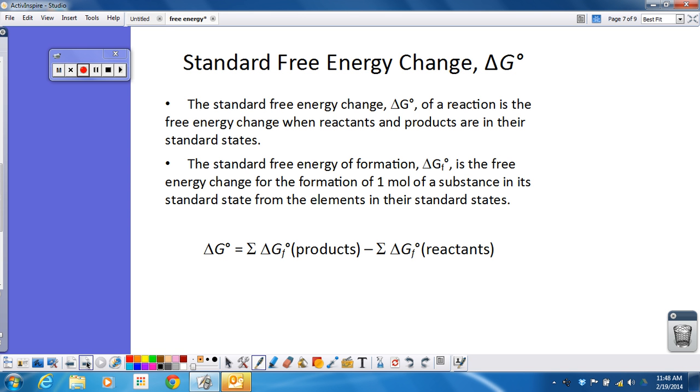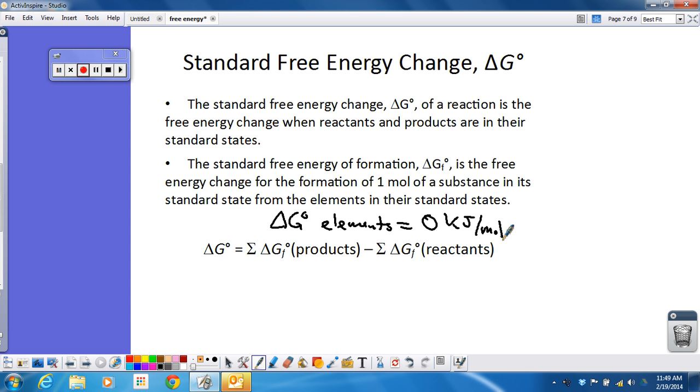We can do the sum of the products minus the sum of the reactants for delta G. And again, just like delta H, since everything's a delta, the delta G of formation of elements in their natural state equals 0 kilojoules per mole. So that would be a different way to calculate delta G.